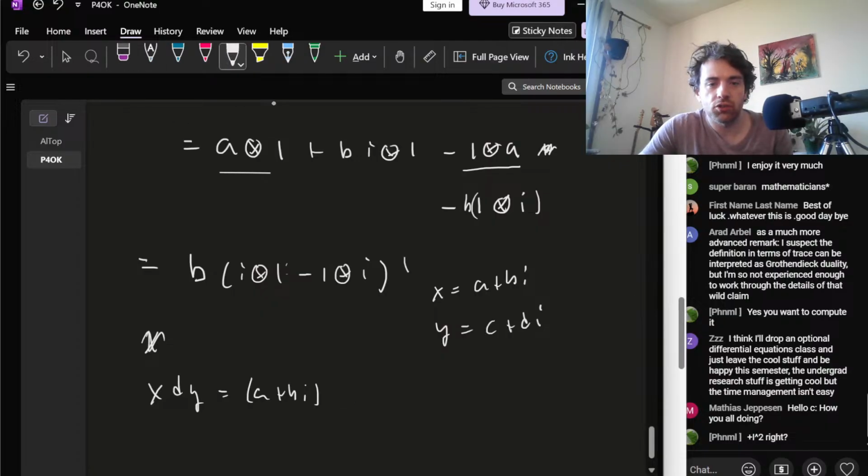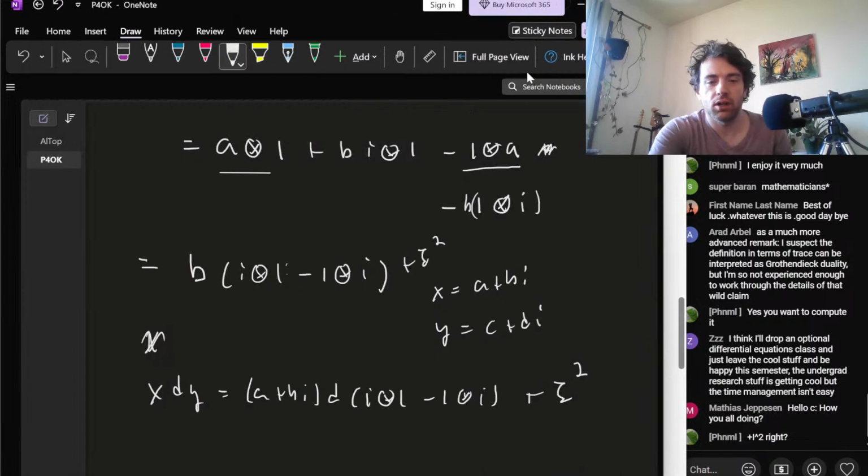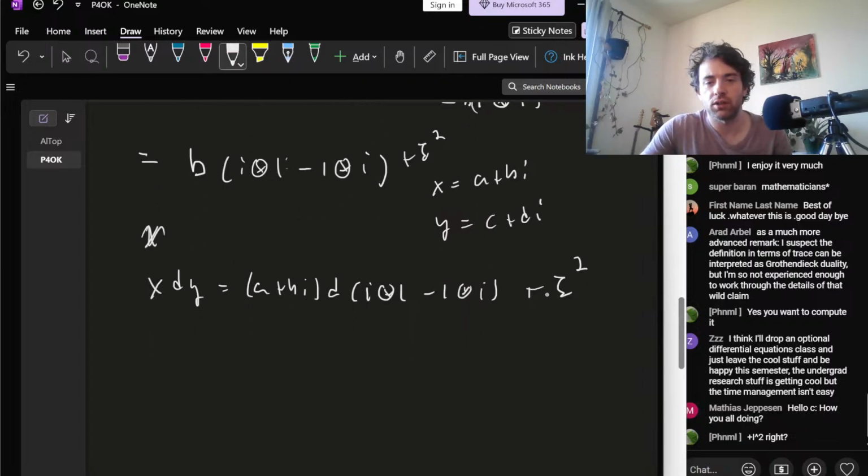Yeah, there should be plus I squared here. Will be d times I tensor 1 minus 1 tensor I plus I squared. And now we want to check when this is equal to 0, when this is in I squared. So yeah, we might want to work out I squared. But my coffee's done.